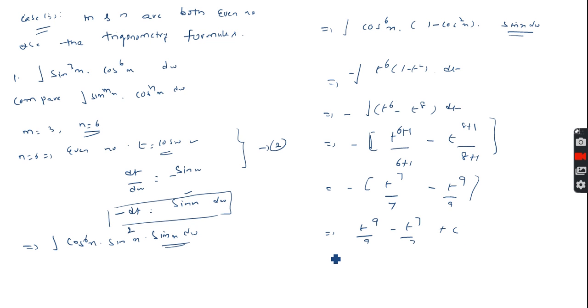After integration, we add c and next substitute t. What is t here? The t is equal to cos x. So finally we get cos power 9x by 9 minus cos power 7x by 7 plus c. Okay, the problem is completed.